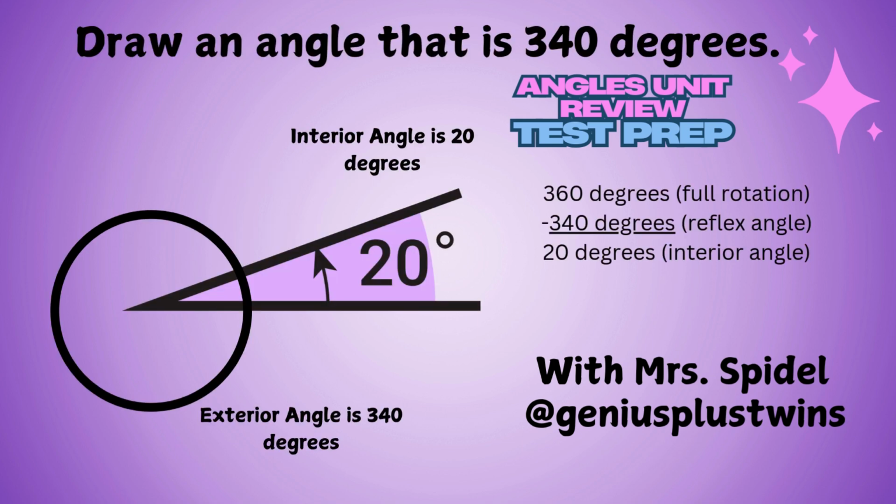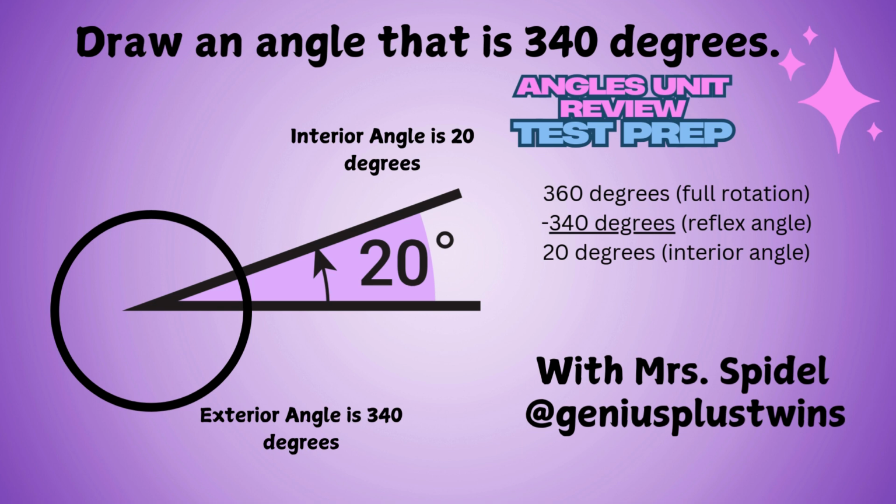To help myself out here, I need to remember that a full rotation is 360 degrees. And I can subtract the amount of my reflex angle, 340 degrees, to find out what the interior angle is. When I subtract and find the difference, I know that my interior angle is 20 degrees.